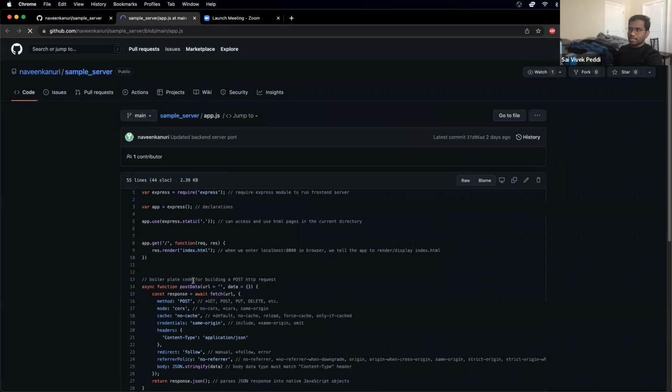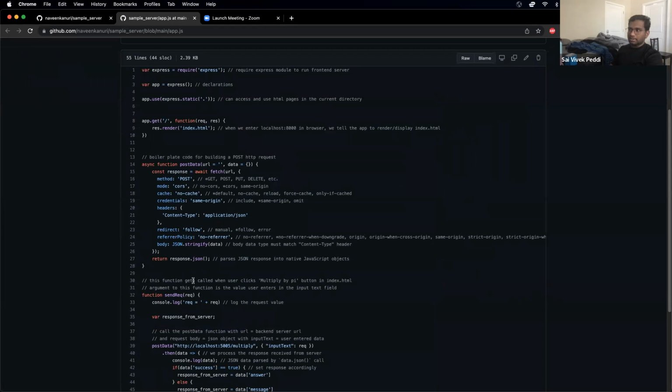As of now, it will take an input of any integer, and this input, whichever was given by the user, will be sent to the backend for processing, and the backend will return a result in the form of it multiplied with pi. So that's what it is trying to do.